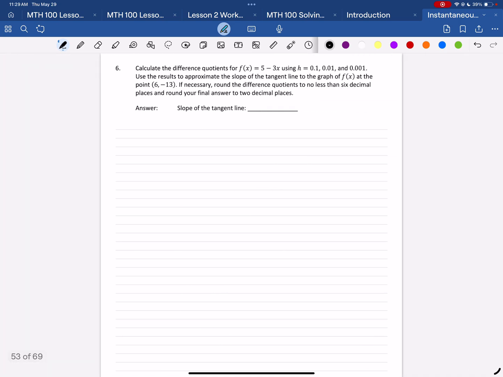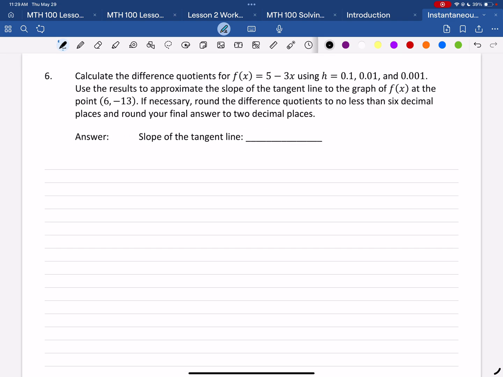All right, so let's look at a couple of these. It says calculate the difference quotient for f of x equals 5 minus 3x using h is 0.1, 0.01, and 0.001.